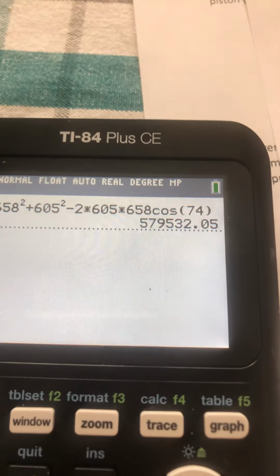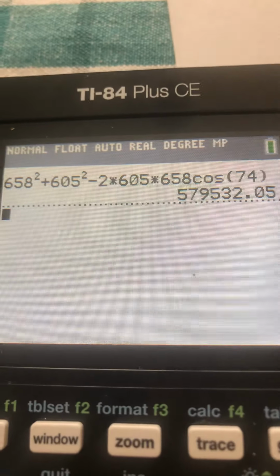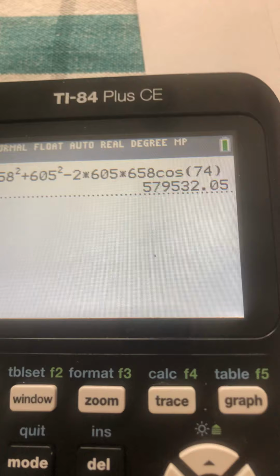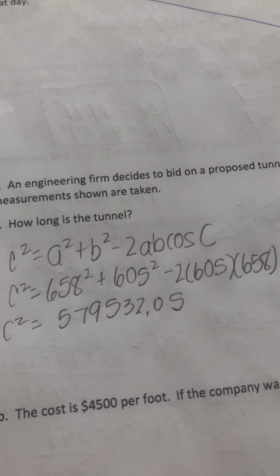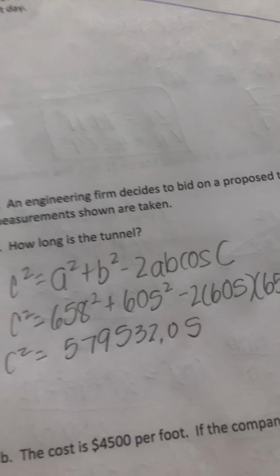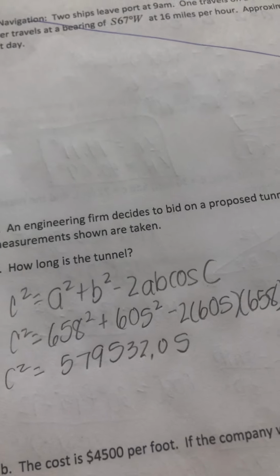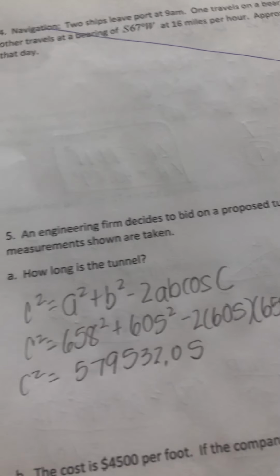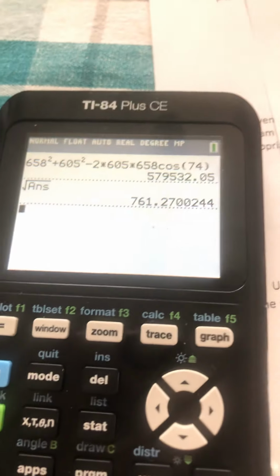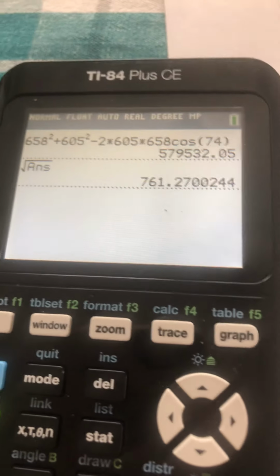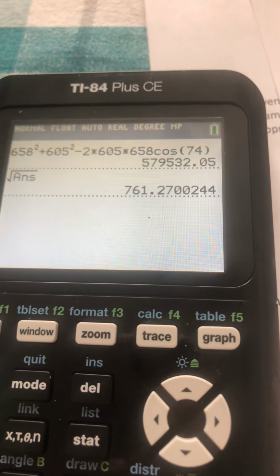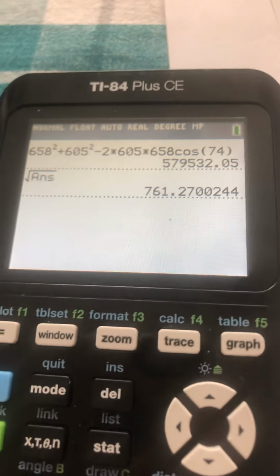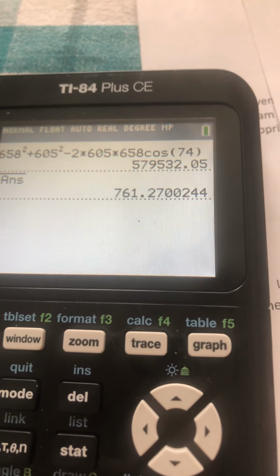Okay, so there it is, but you still have to square root it, remember, because it's equal to c squared. So 761.27. And these are given in yards.